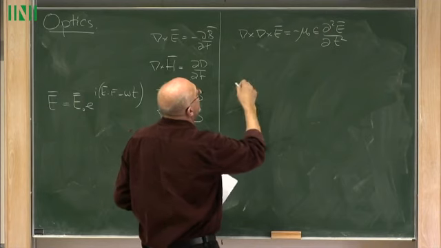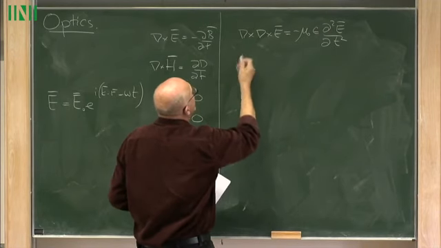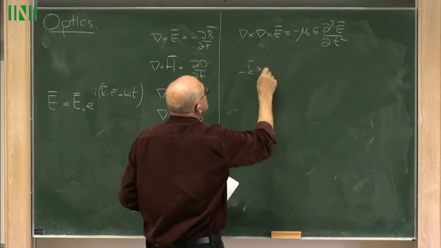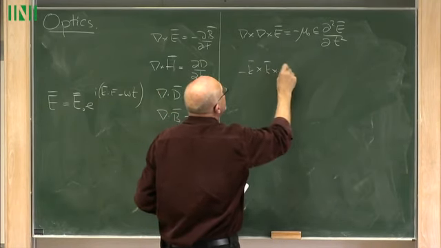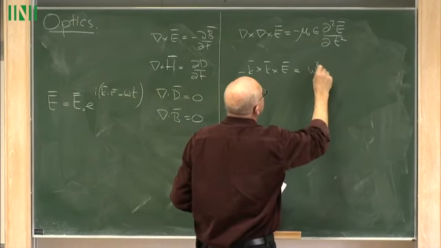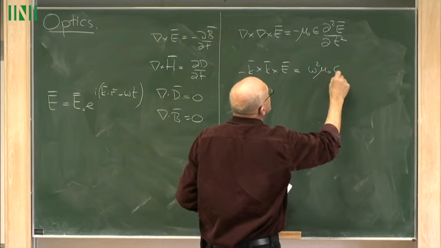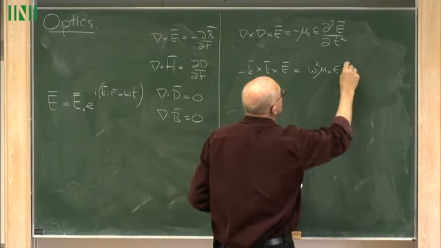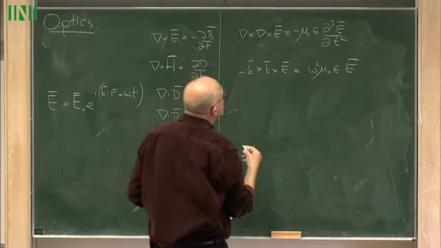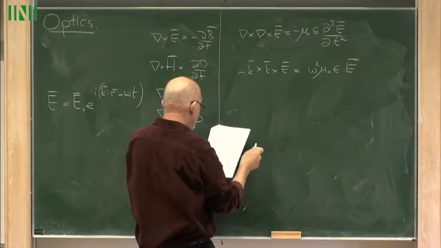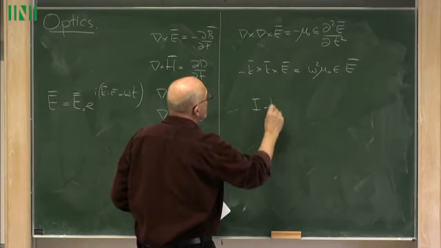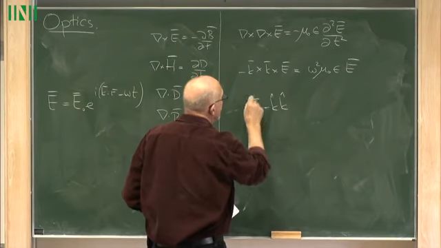just an eigenvalue equation. So here we have minus k cross k cross E, and here we have omega squared mu naught epsilon E. Then rearranging things slightly, this is the identity minus k hat k hat.